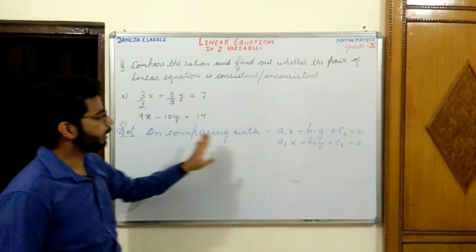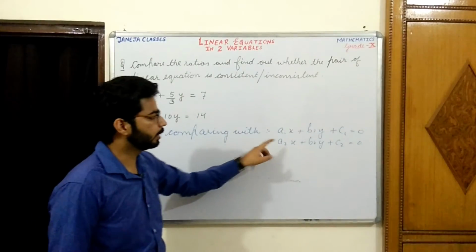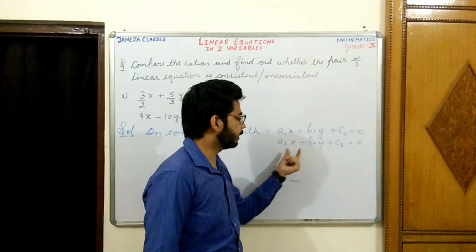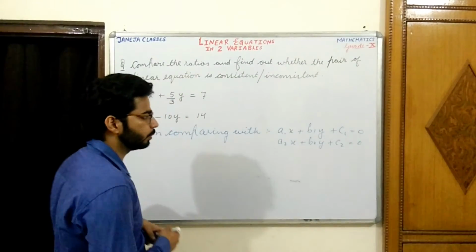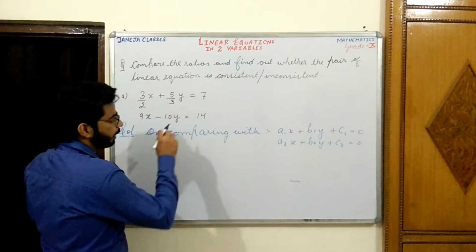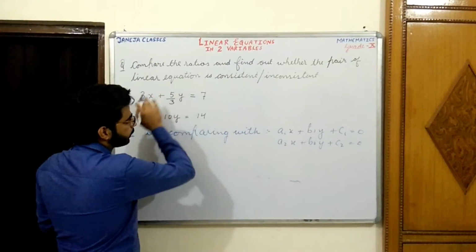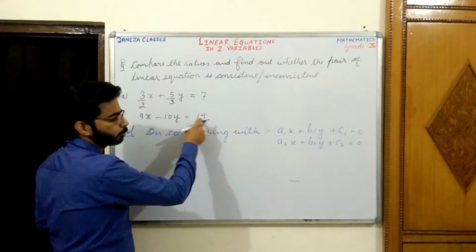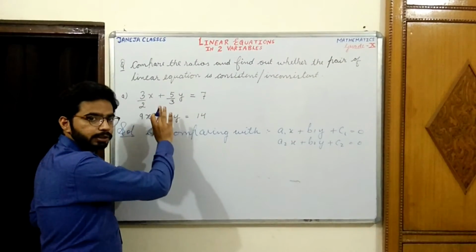Now on comparing the equations with the standard form, a1x plus b1y plus c1 is equal to 0 and a2x plus b2y plus c2 is equal to 0. See, while we are comparing, this is not written in standard form. 7 should be on the left side and 14 also should be on the left side, then it will be in standard form.